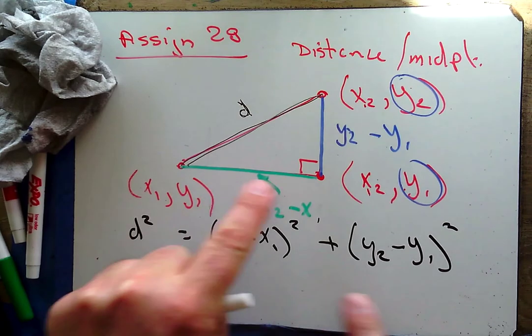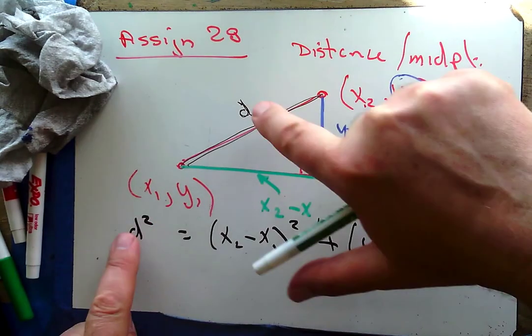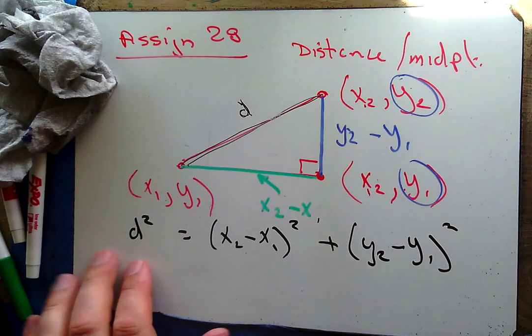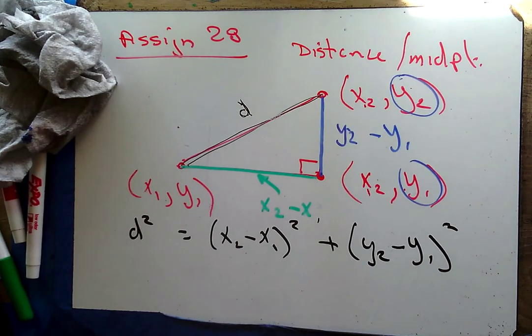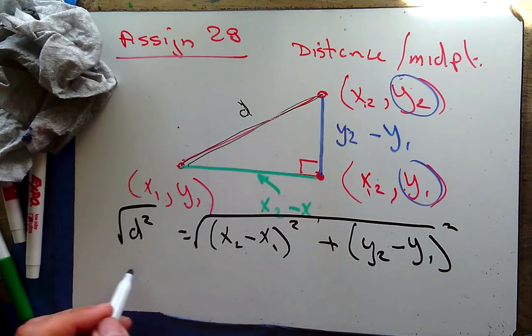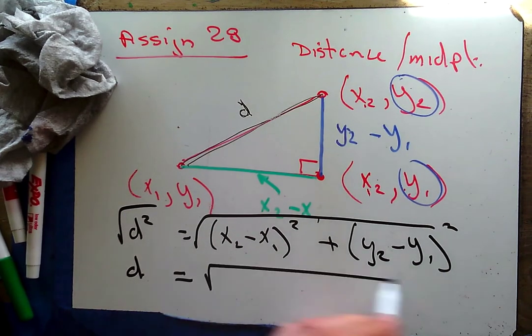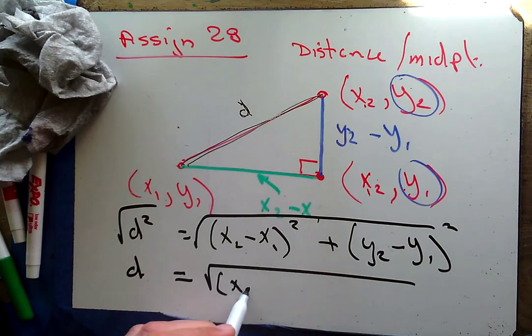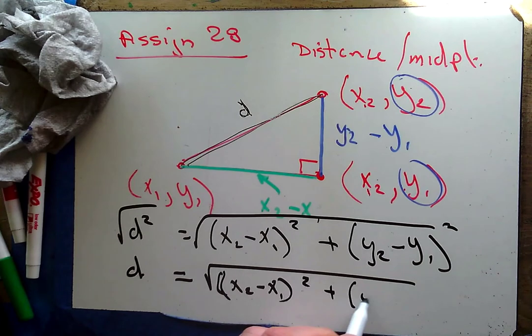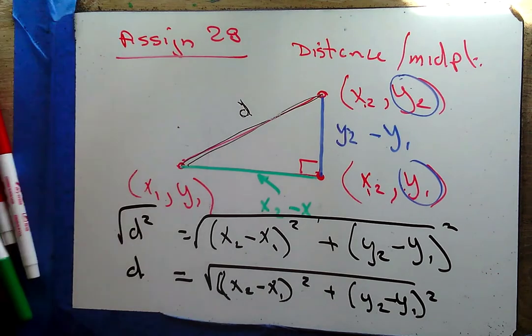A squared plus b squared equals c squared. But I don't want to know what the distance squared is. I want to know what the distance is. So I'm going to take the square root of both sides. So the distance is the square root of the difference in the x's squared plus the difference in the y's squared. That's where our distance formula comes from.